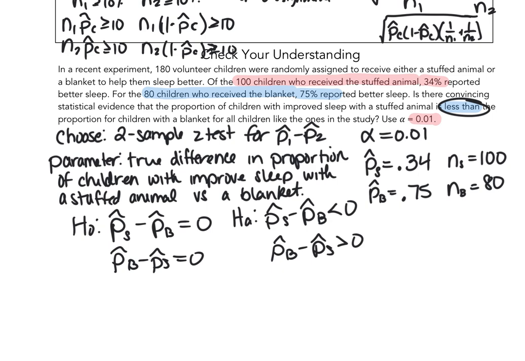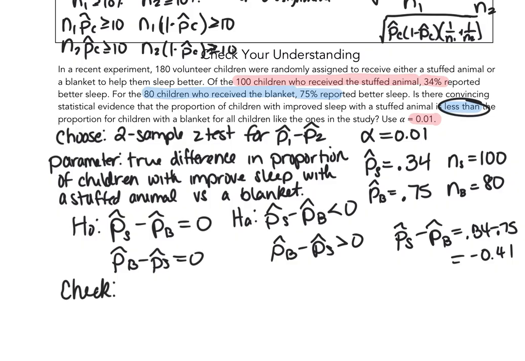And then our evidence for HA is that p hat S minus p hat B is 0.34 minus 0.75, which is negative 0.41. The next is check.